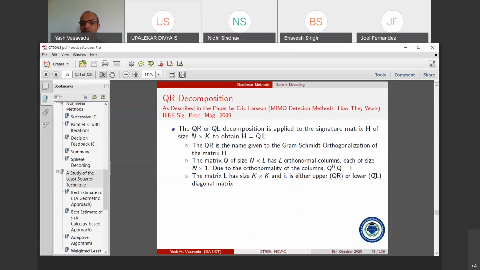That is just a matter of practical implementation. It has no significance other than that. So QL or QR are equivalent. Because the paper by Larsson considers QL decomposition of H, we'll just continue with QL.